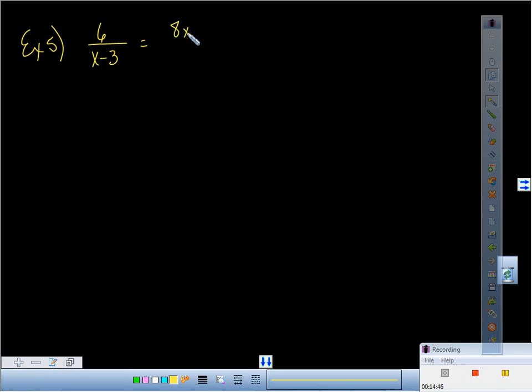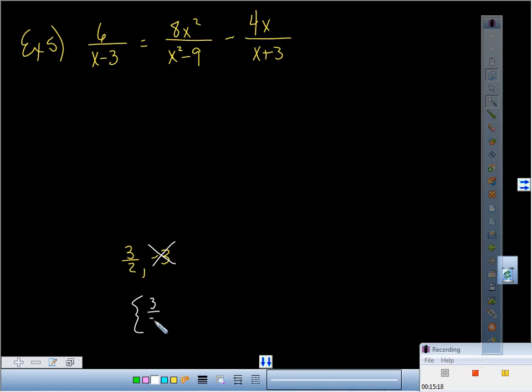It's the one right before that. 8x squared over x squared minus 9 minus 4x over x plus 3. Do y'all remember that one? Okay? If you were here, you remember it. We worked it all down, right? And we got 2 answers. What were they? 3 halves and -3. And then what did we find out when we checked it? -3 was extraneous. So actually the only root is 3/2.